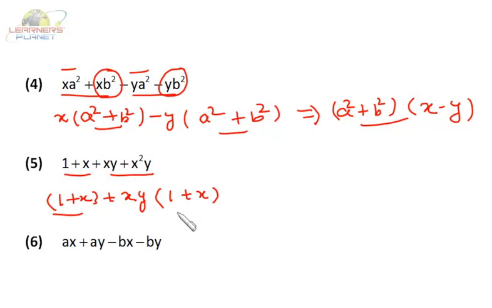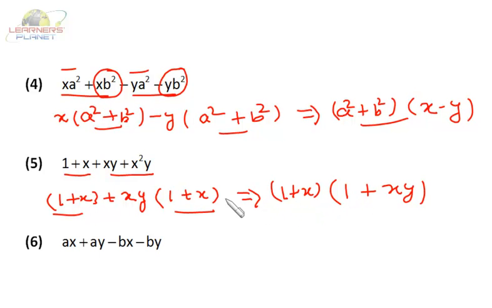Now 1 plus x is a binomial which is common between the two terms. So I can take that as common. Now if 1 plus x is divided by 1 plus x, I'll be getting 1. Plus if xy into 1 plus x is divided by 1 plus x, I'll be getting xy. In a good number of cases, students forget to write this one.